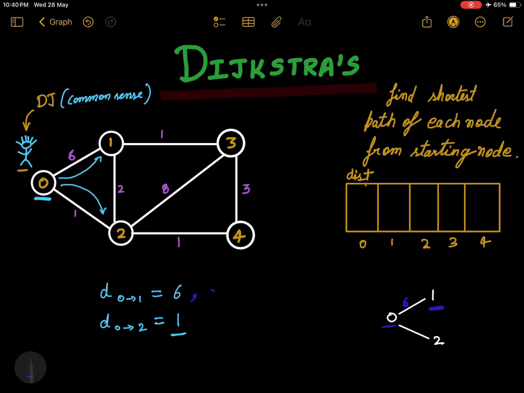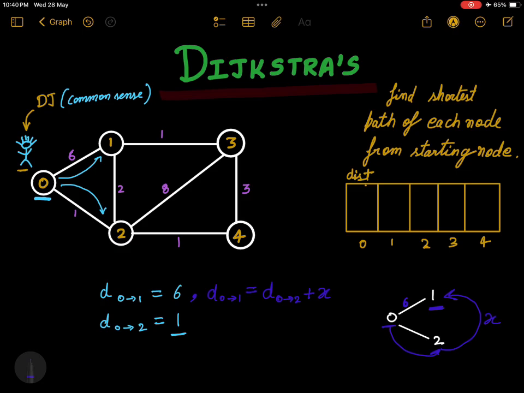And the other way is we go from 0 to 2 and then we take some other path from 2, okay? So what we can write is the distance of 0 to 2, right, plus some, let's say, x distance, okay?